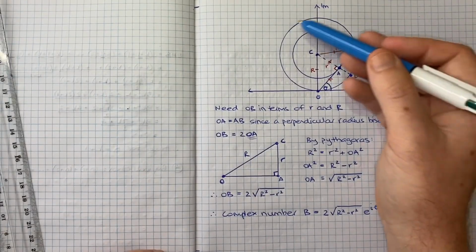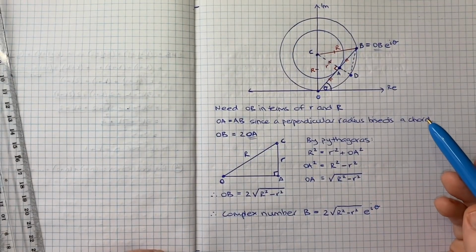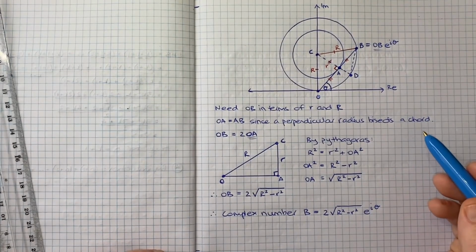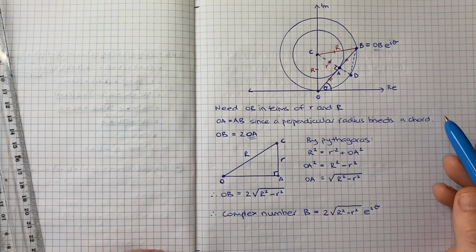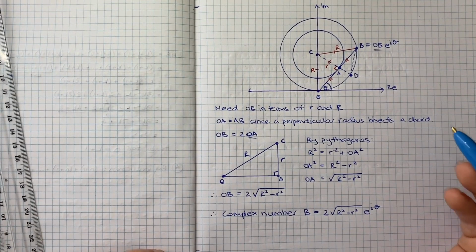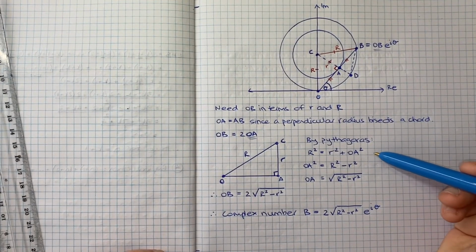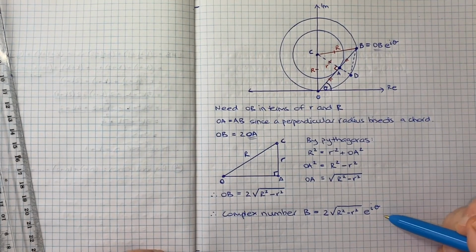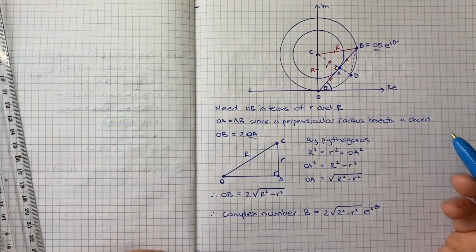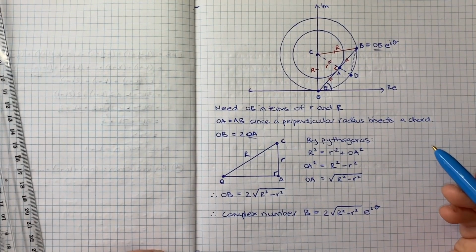Whilst at first glance a question might look like it's trying to bamboozle you and throw a lot of stuff your way, often, if they're written quite well, it just takes an application of some basic ideas to get to where you need to get to. So hopefully you found that explanation helpful for part 1.